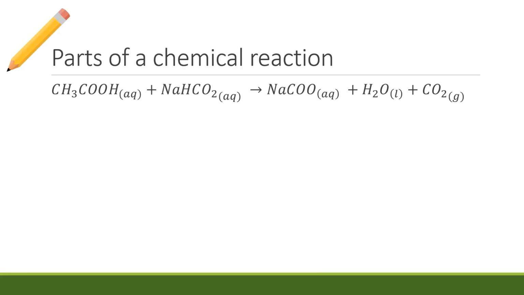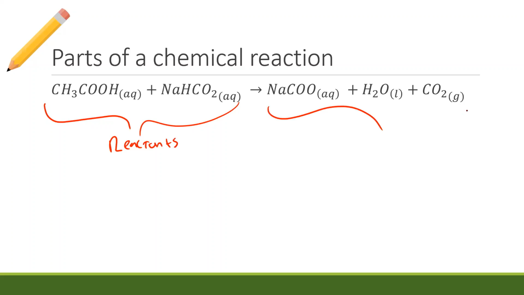Let's break some parts of this down. Firstly, we've got our reactants, and on this side, we've got products. How many reactants do we have? 2. How many products do we have? 3.